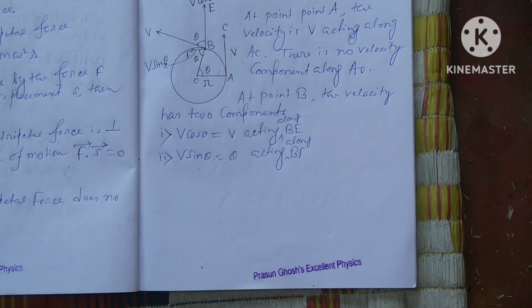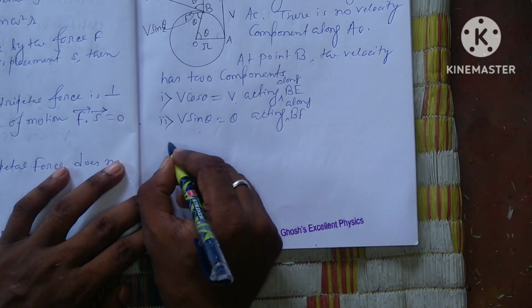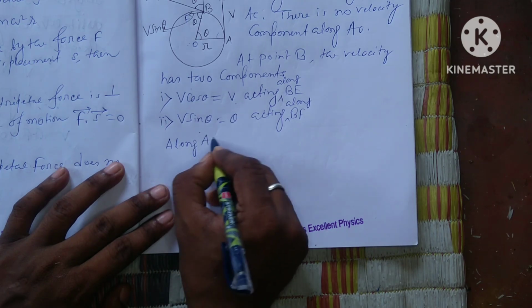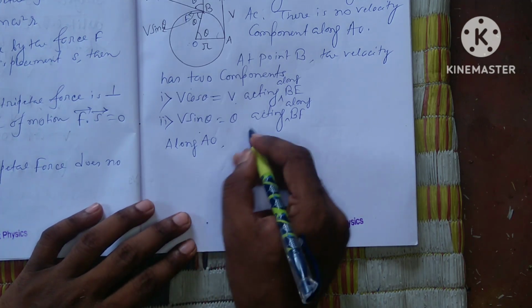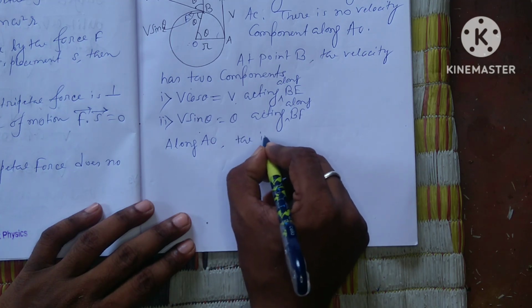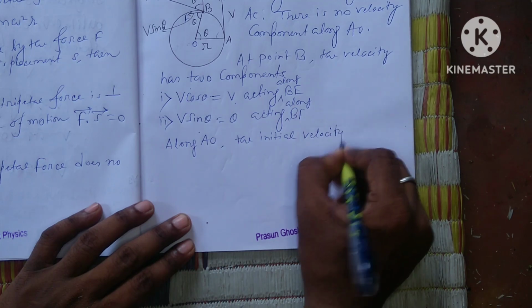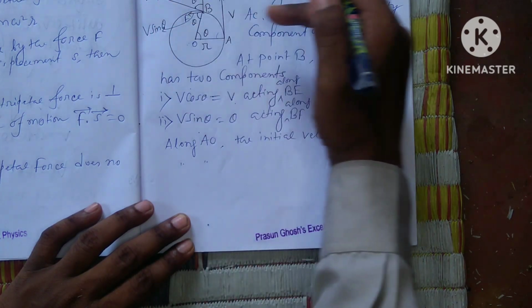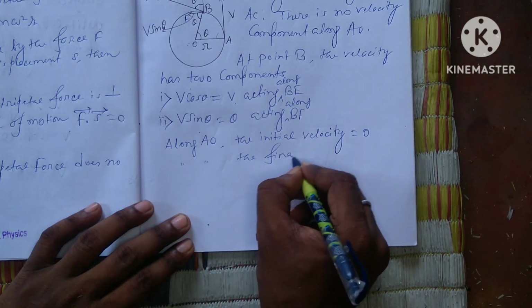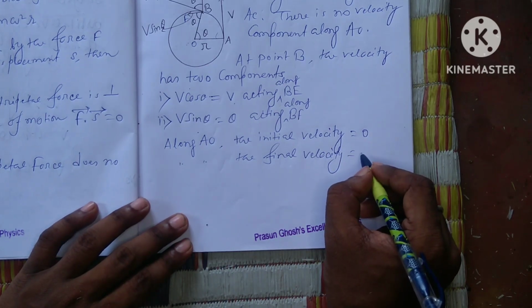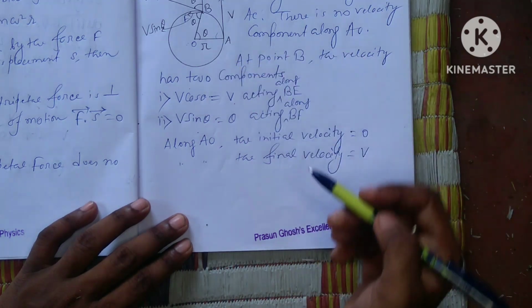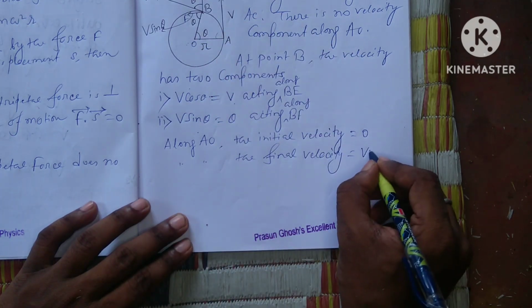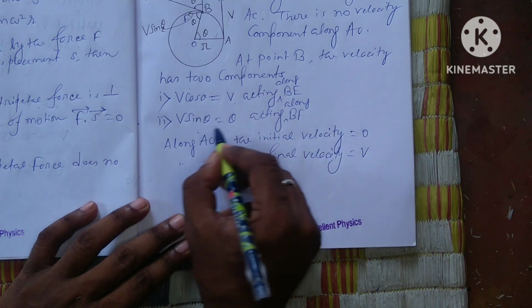So along AO, the initial velocity is 0, and along AO, in this direction, the final velocity along BF is v theta.